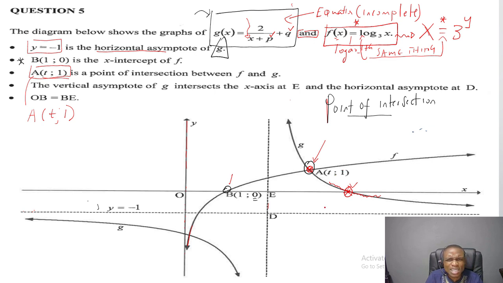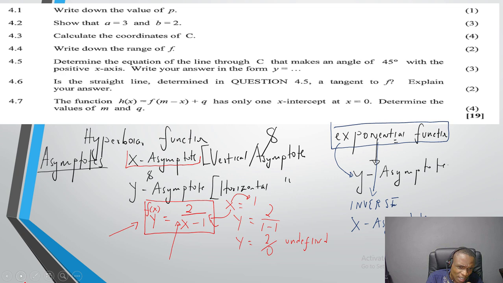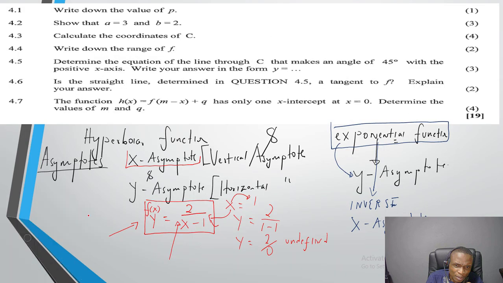So the point of intersection, guys, is very, very important in math. You must be exposed to the idea of the point of intersection. Okay, let me go to somewhere where I can explain a bit more about it.